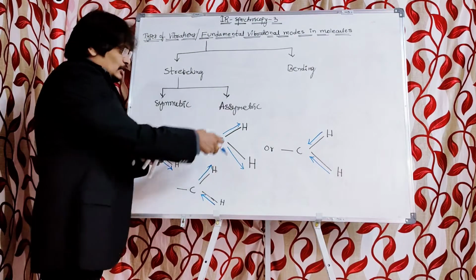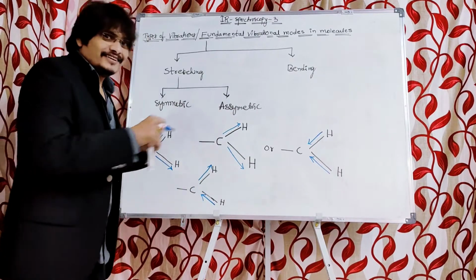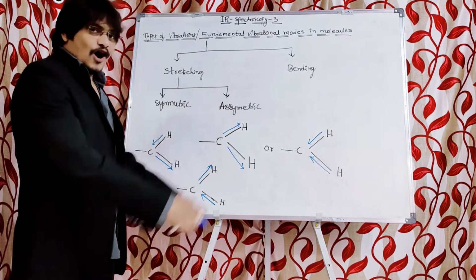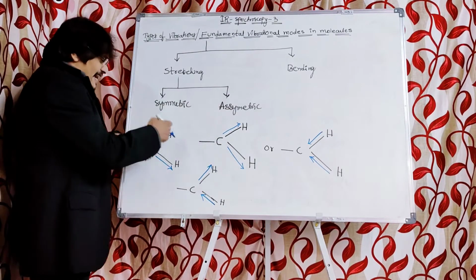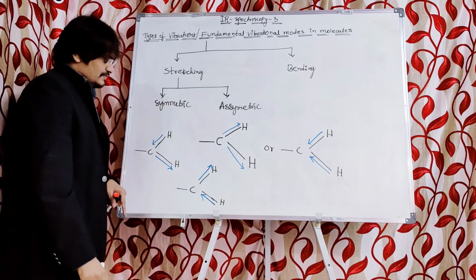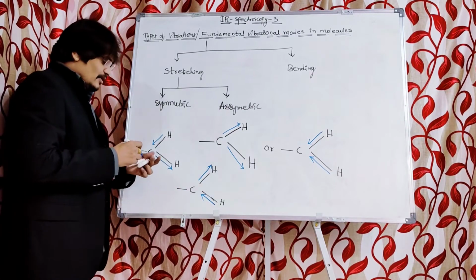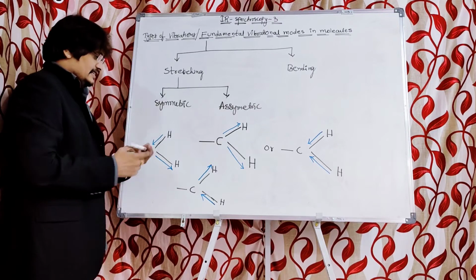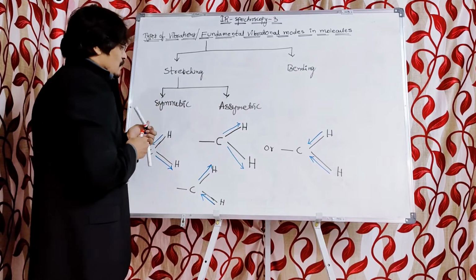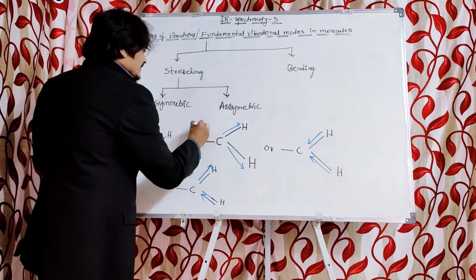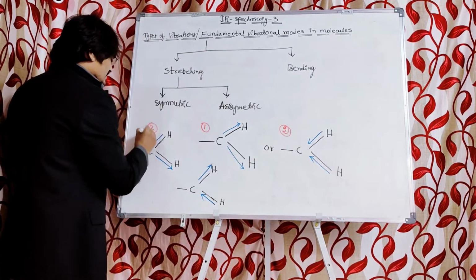Either the 2 bond lengths between the carbon and hydrogen both increase, or both decrease, or one decreases and another increases, or one increases and another decreases. Now let us try to label these structures: this structure is first, this is second, this is third, this is fourth.